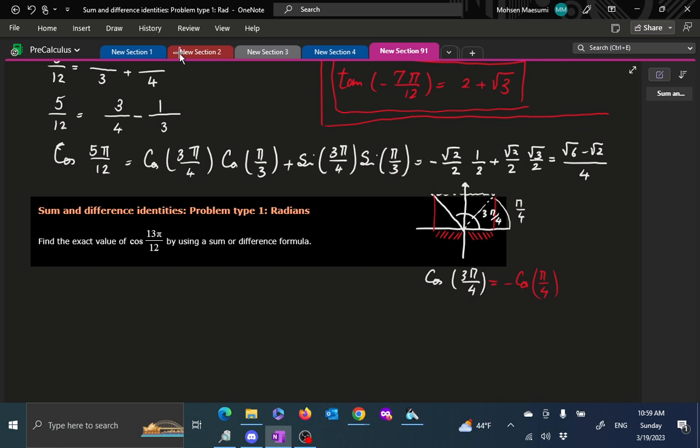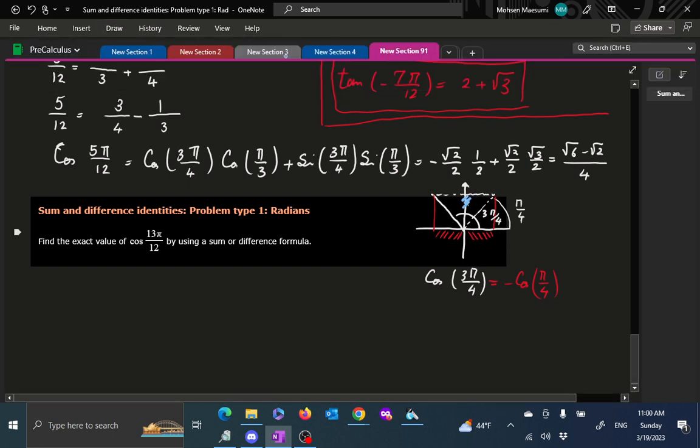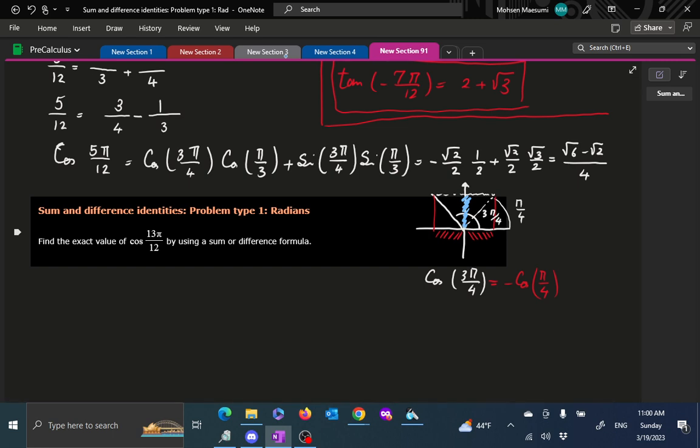So again, I want to emphasize that doing that type of reasoning is going to help you quite a bit. How about the sine? Well, with respect to sine, these two angles are the same. This is the sine column. Sine of 3 pi over 4 and pi over 4 are the same thing.